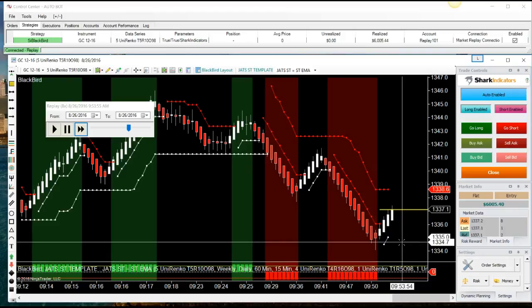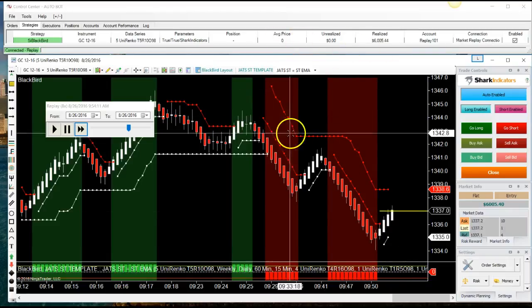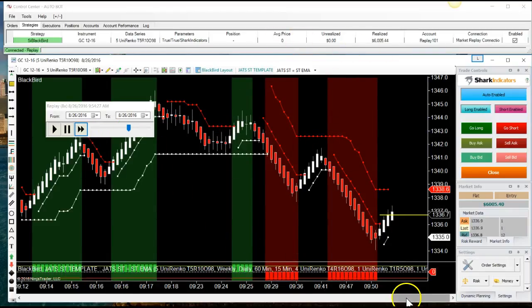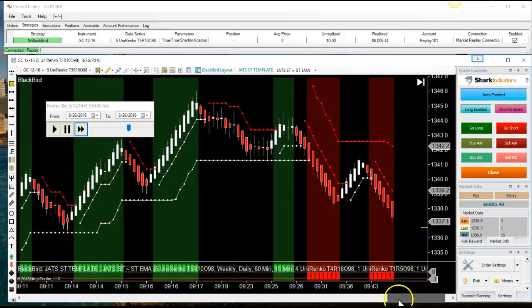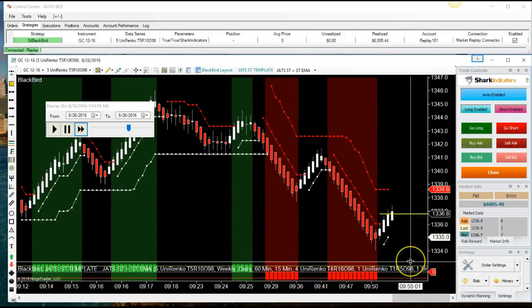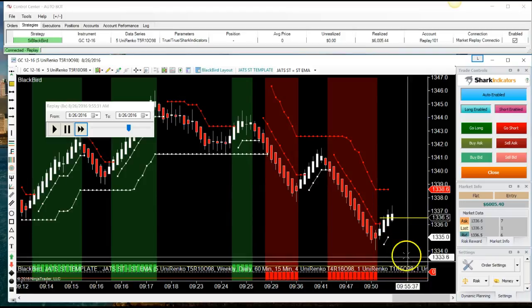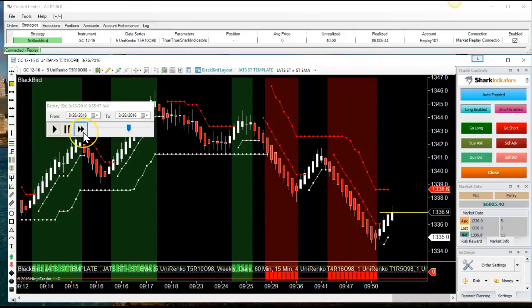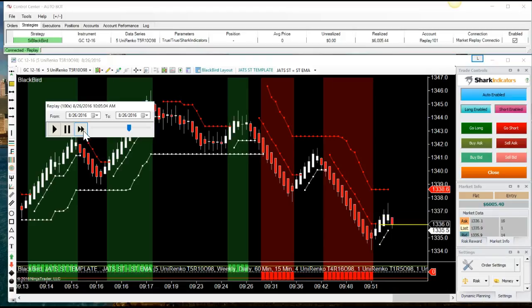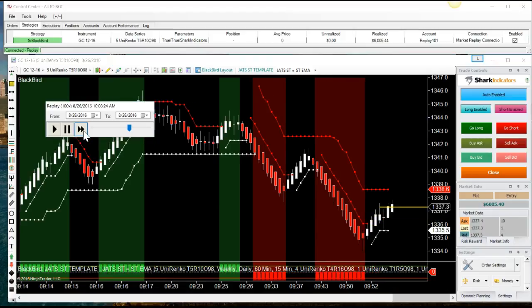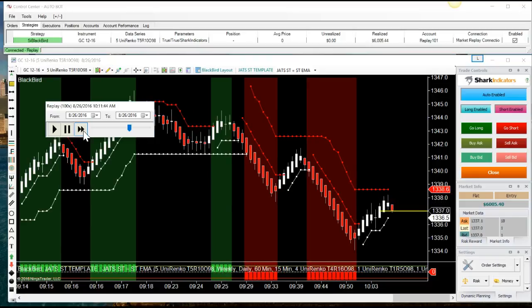Because of a big event day, I wanted to show you what it looked like trading both sides of it, up and down. But I'll hush and we'll go ahead and put this on a larger time frame, and we can watch this just put money in our accounts on big trend days like this.